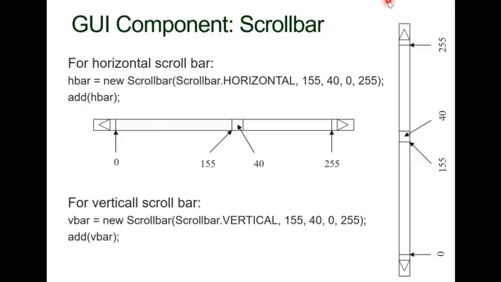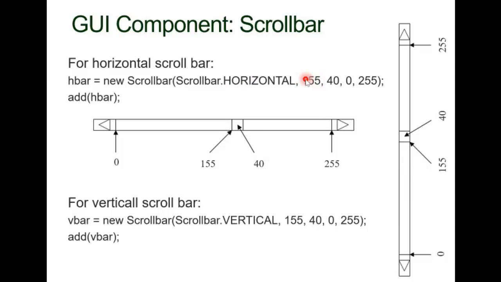Look at the examples of the scroll bar. One is the horizontal scroll bar, another we can set is the vertical scroll bar. For the horizontal scroll bar, you can use an hbar object, new Scrollbar.HORIZONTAL. You have to define either it is horizontal or vertical.